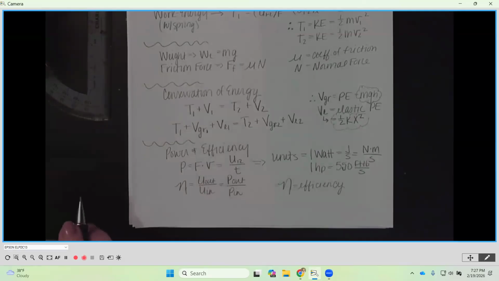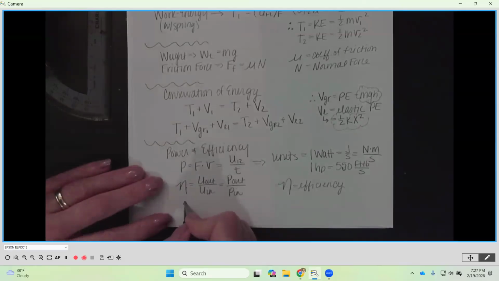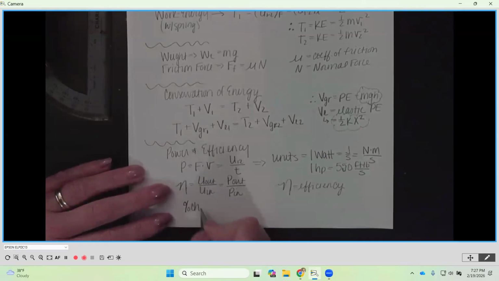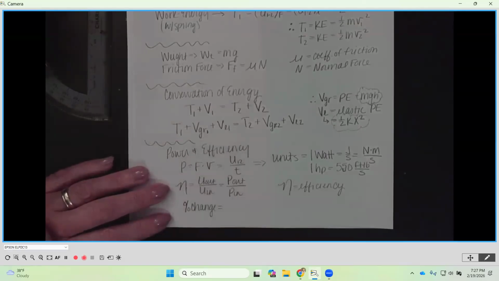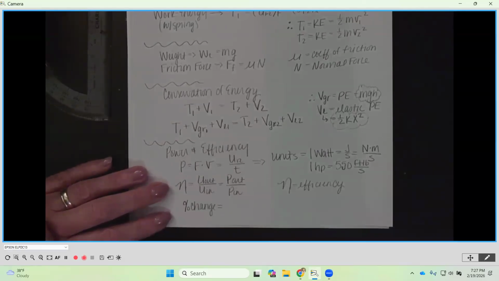And then the last thing that I want to add down here that's going to come in handy is the calculation for percent change. You probably have done this in physics class, when you were trying to decide how much different it was from state 1 to state 2.